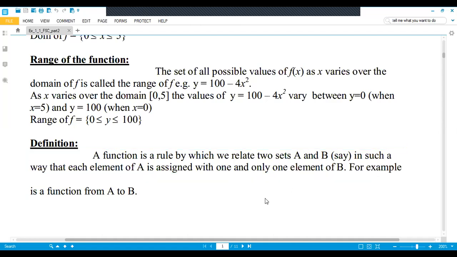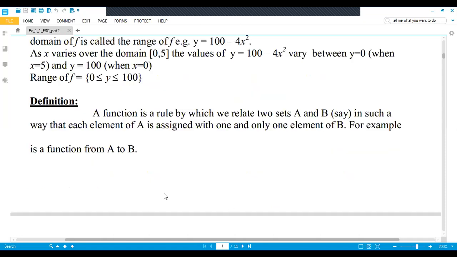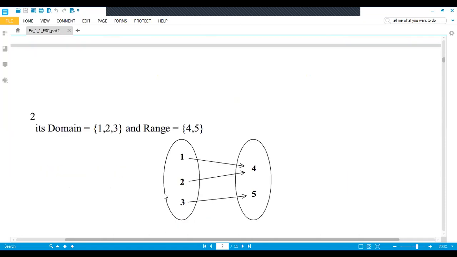Then we will see the different types of functions we have. Look at this example: this is a function from A to B. A is called the domain and B is called the range. A has 1, 2, 3 and B has 4, 5.